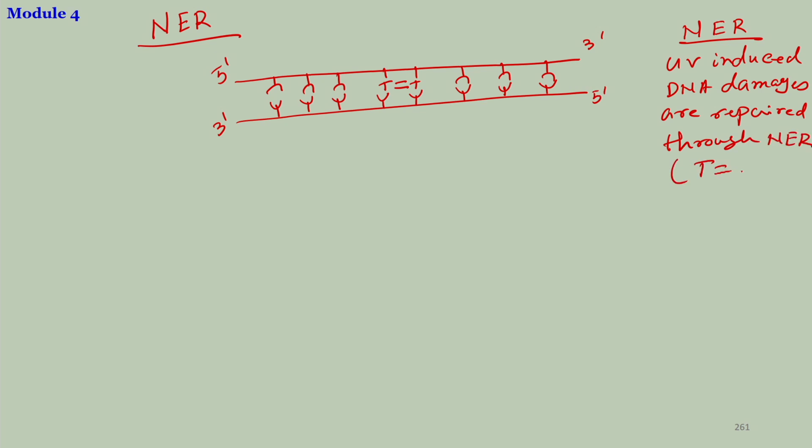For example, TT, CC or CC becomes UU, uracil dimer, and so on, CPD lesions for example. So, what it does is, as the name says, that it cleaves off the nucleotide. Nucleotide means the base, the sugar, the phosphate, whole chunk of it.